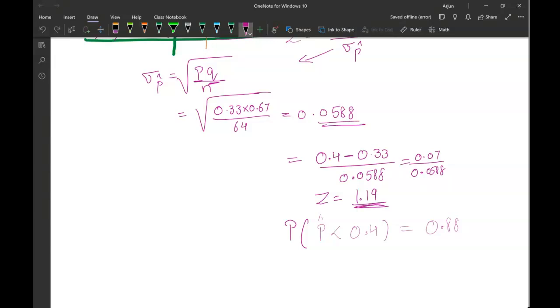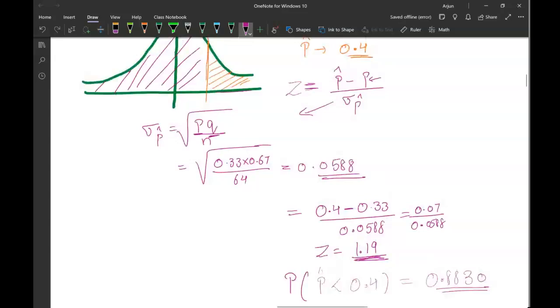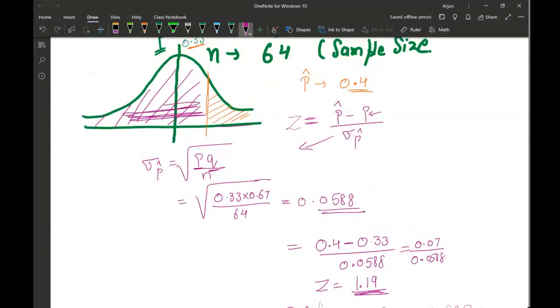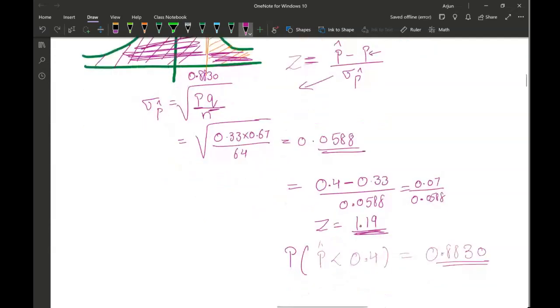See, my memory is so weak, I forgot. 1.19, 0.8830. That is the value. So that is this pink section, 0.8830, and I wanted to find this section now.